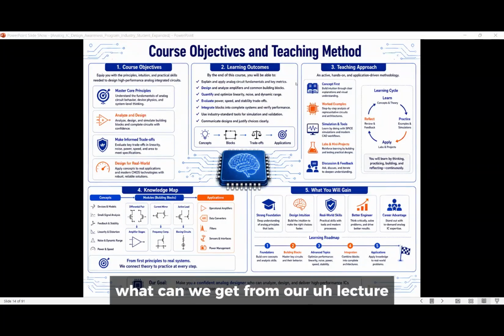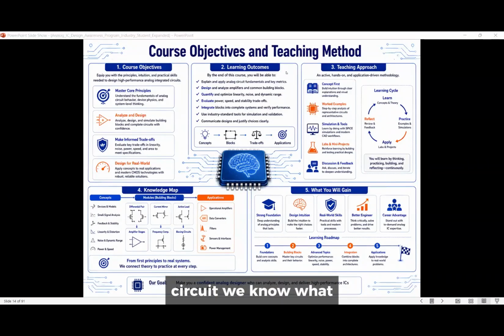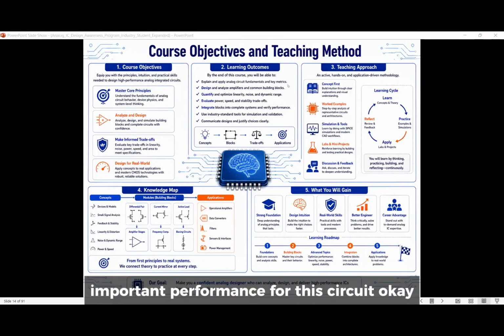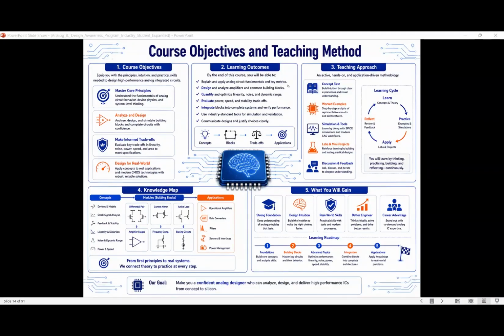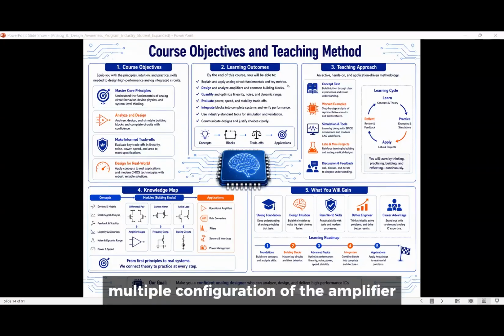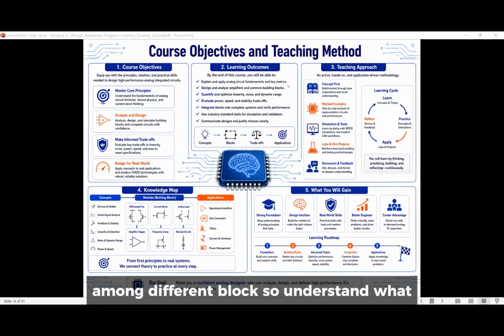Okay, so what can we get from our lecture? We can explain and apply analog circuit fundamentals and key metrics. We understand the key metrics of the circuit and know what the important performance is for this circuit. Next, design and analyze common amplifier building blocks. We'll study multiple configurations of the amplifier, and we still have to make comparisons among the different blocks.